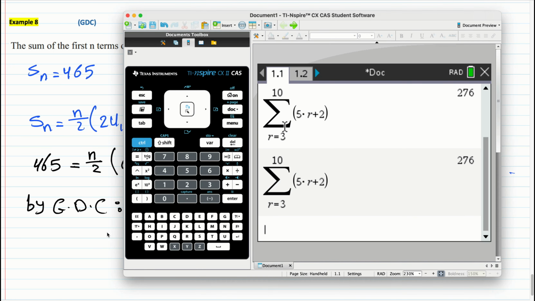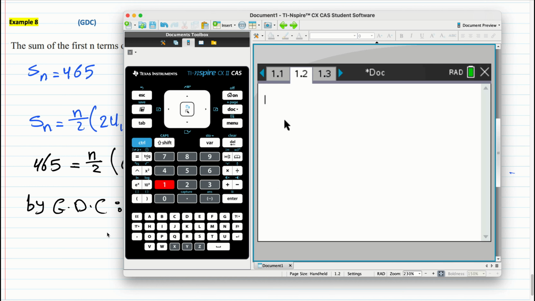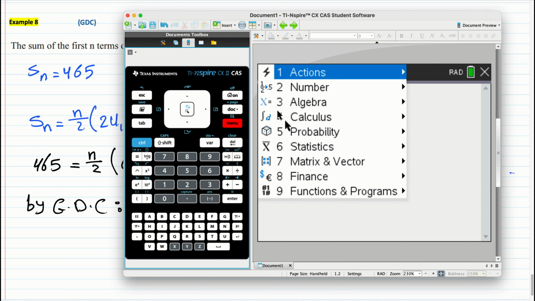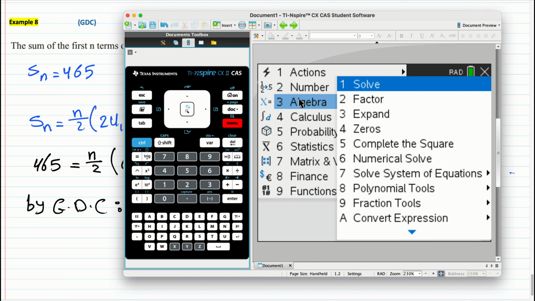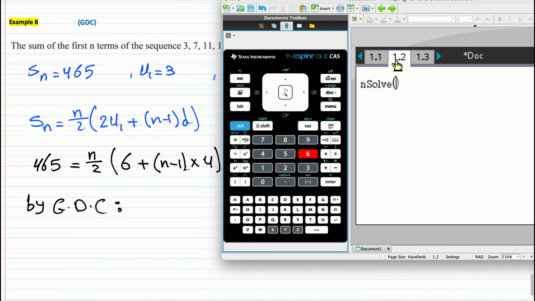Using the Nspire first, you may create a new page or continue on this page. You can create a new page by Control I, calculator 1, then menu, algebra, and select nsolve. So menu 3, 6, and write the equation you have. 465 equals n over 2 bracket 6 plus another bracket n minus 1.